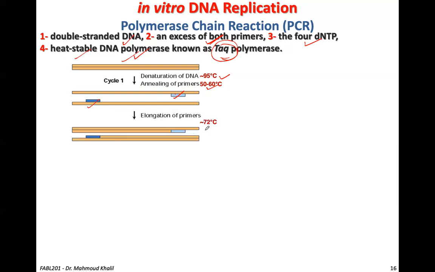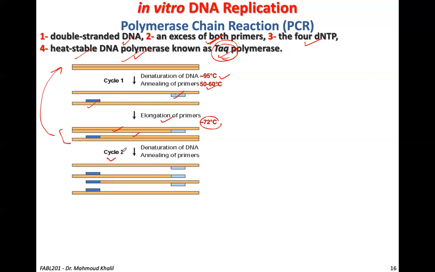After that, when you increase the temperature to 72 degrees centigrade, the Taq polymerase starts synthesis of a DNA. You can see synthesis of the new DNA, and now you have 2 molecules the same as the parent molecule. This means you have elongated the primer with the help of the enzyme which is Taq polymerase.